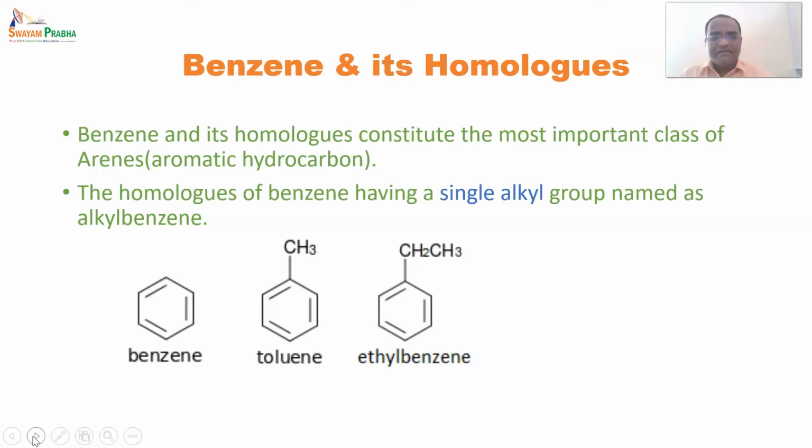It has an ethyl chain at the first position, so it is called ethyl benzene. After that, cumene, also called isopropyl benzene, having an isopropyl group on the first position. So this class has a single alkyl group.